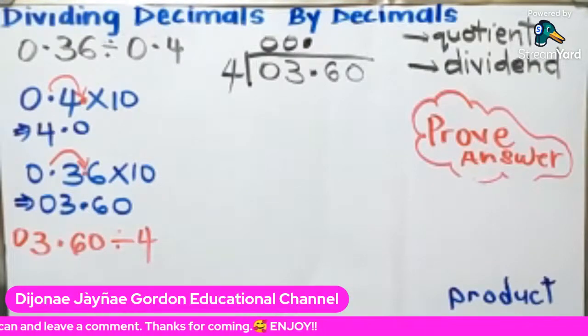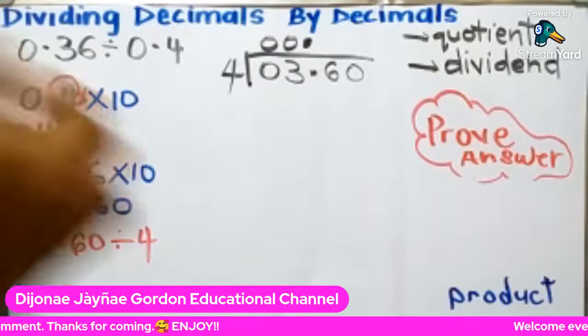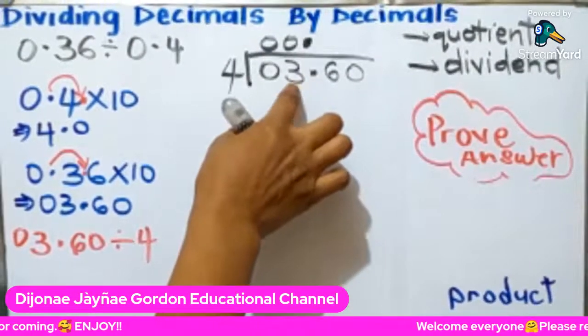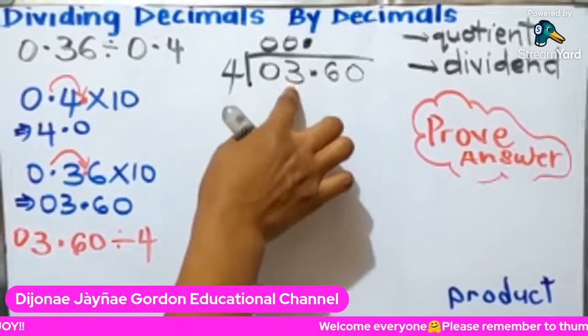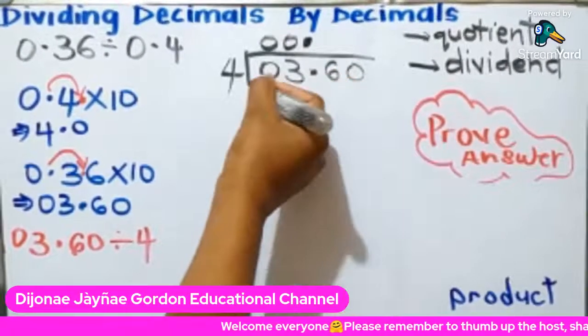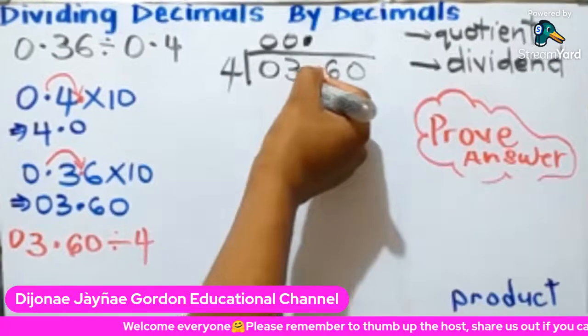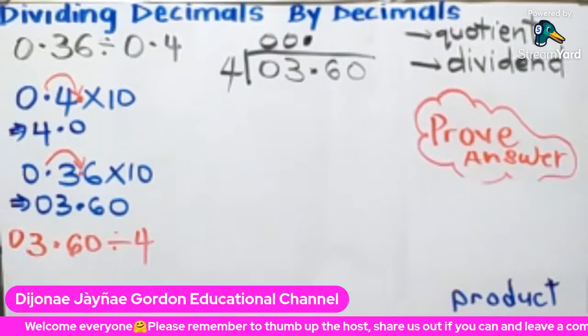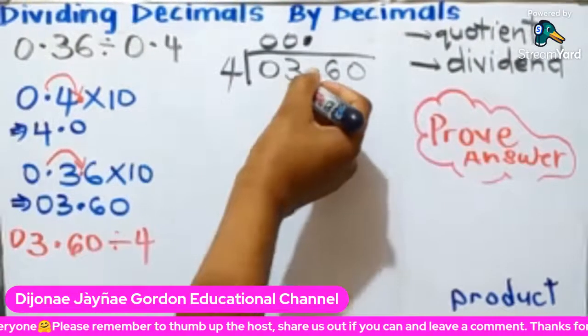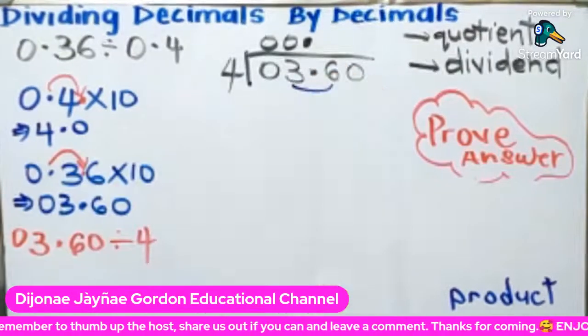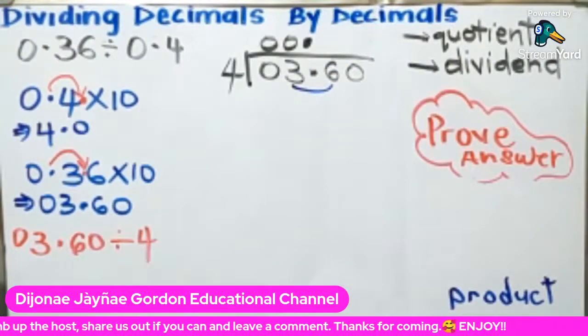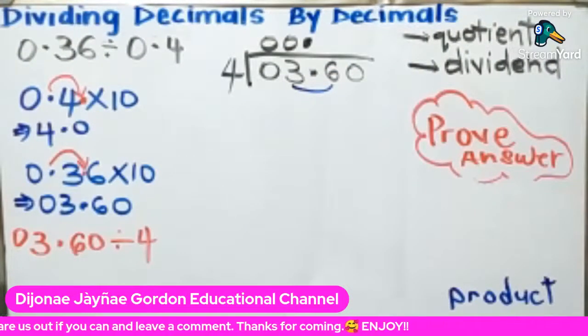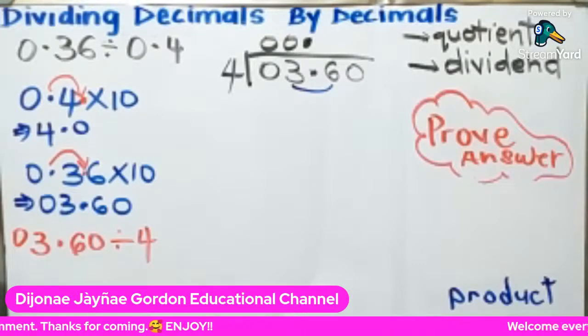Then we're going to say to ourselves, how many groups of 4 can we get from 36? Because the 3 and the 6, we're going to put together and we're going to get 36.